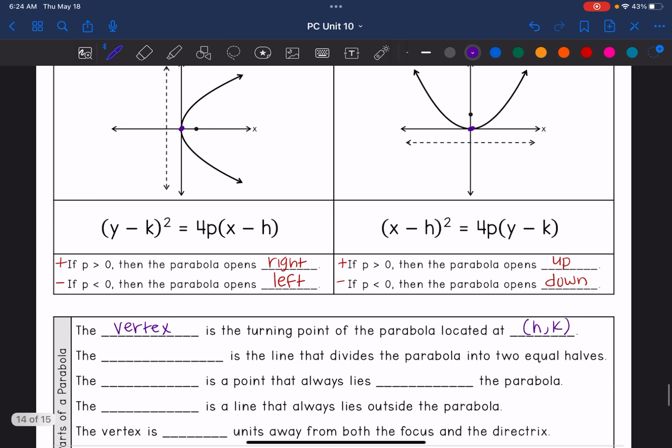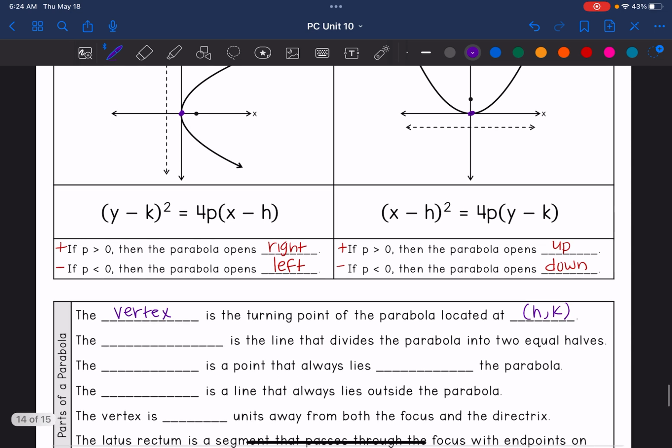Okay. Another thing that should sound familiar to you guys is the axis of symmetry. The axis of symmetry is the line that divides your parabola into two equal halves. So that's not something that you're really going to see on the graph, but it'll help you when you're trying to draw it later.